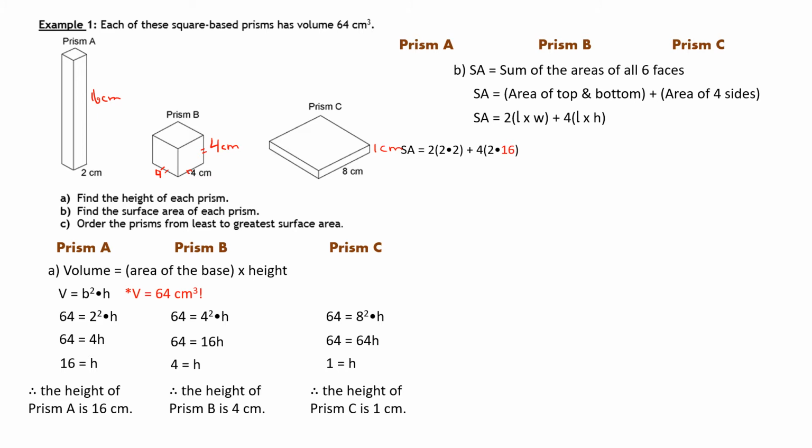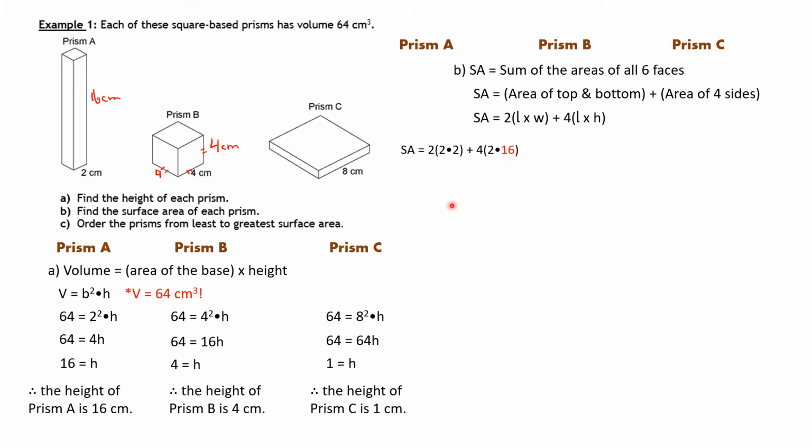So for prism A, let me erase this one I put here. For prism A, we're substituting into the formula. This 2 is this 2. The length and the width are the bottom. Each bottom side is 2 by 2. And now we have the 4 sides, so there's 4 times 2 against this side, and then 16 is my height.